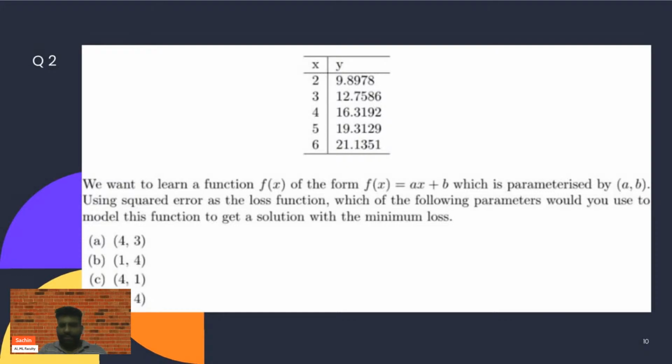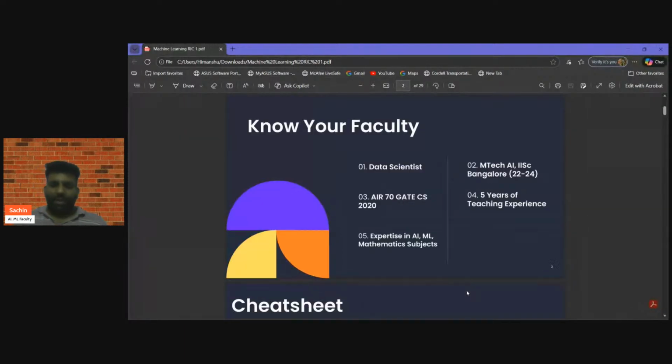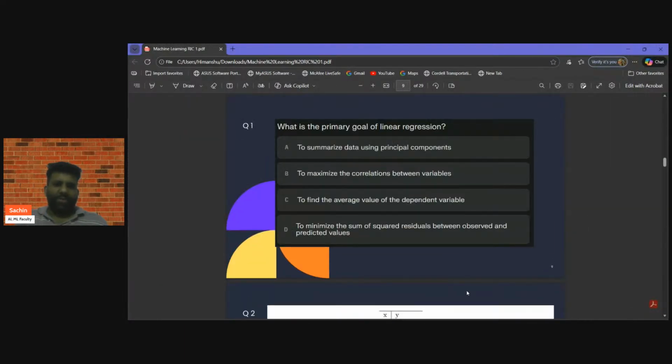So yeah, let me share my screen. Okay, so right now I'm assuming that you are able to see my screen clearly. I'll go to that particular problem that we had over here.